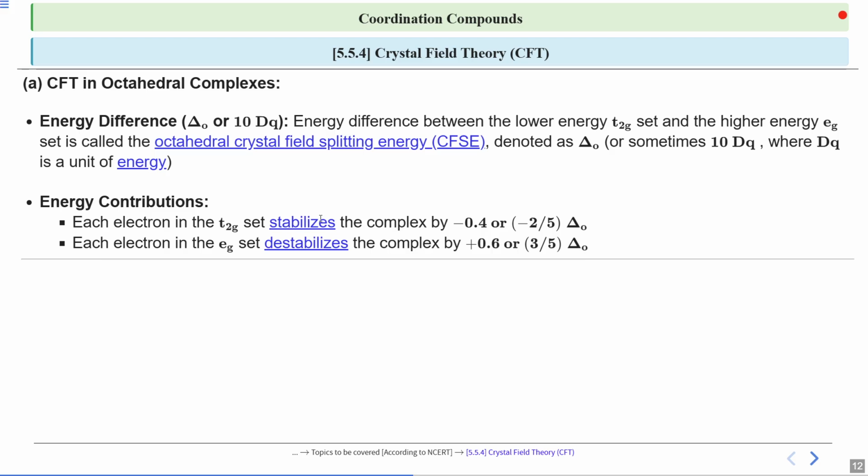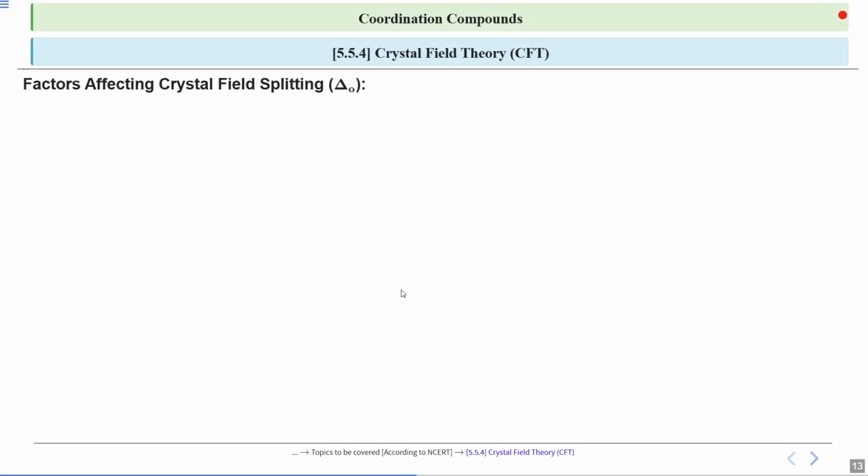We say stabilize and destabilize because the T2G set has the lower energy, so an electron filled there is stabilized. But an electron filled in the EG set destabilizes the complex because the EG set has higher energy. Higher energy means destabilization, right?